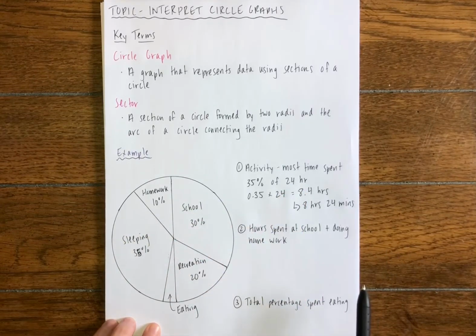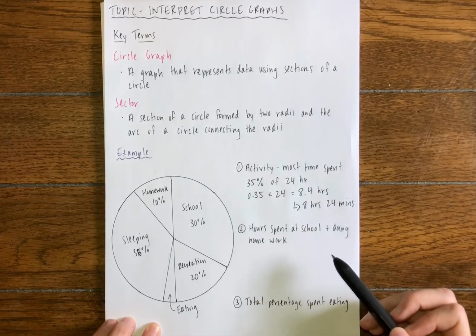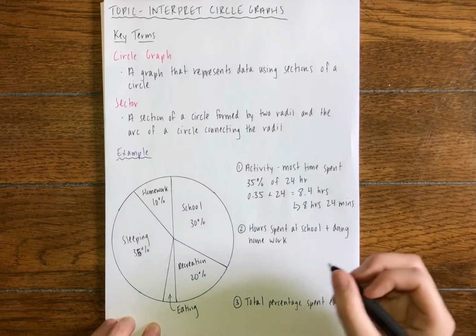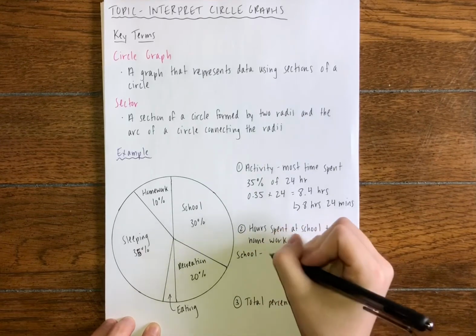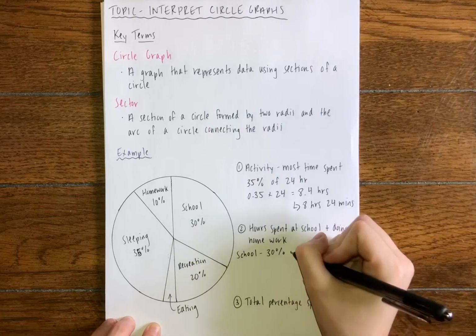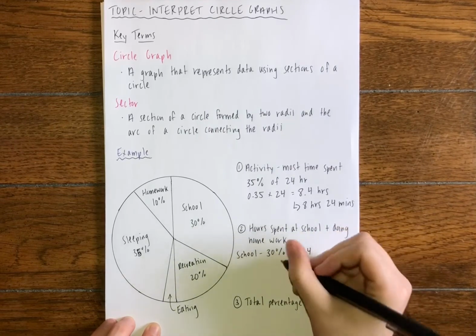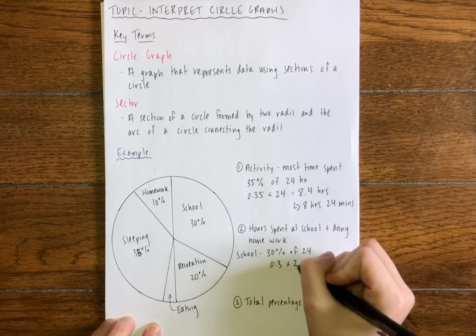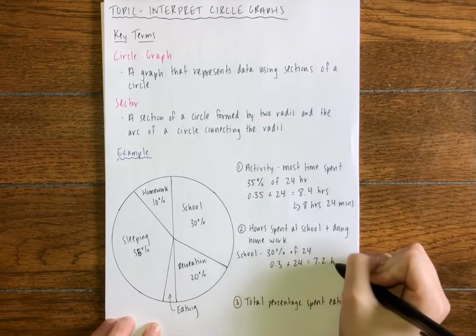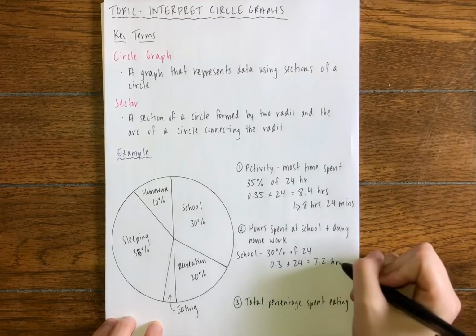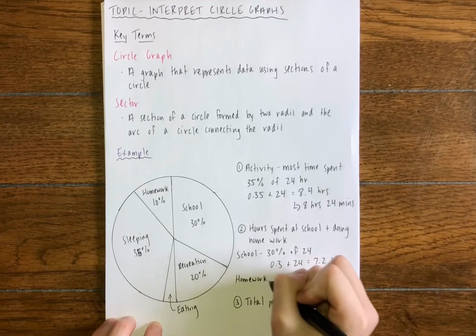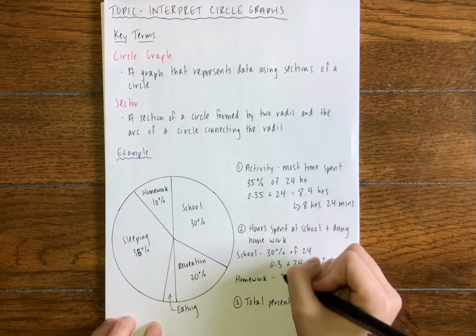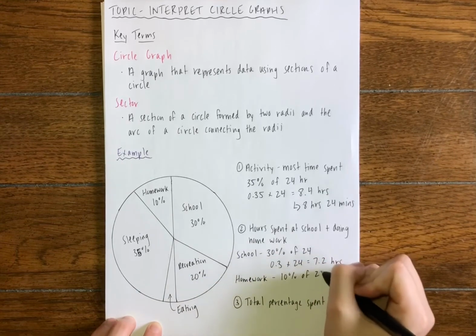Next, we're going to take a look at hours spent at school and doing homework. So we're going to follow the same steps, but now we're looking at 2 different sectors. So for school, we have 30% of 24, and then we have homework, which is only 10% of 24.